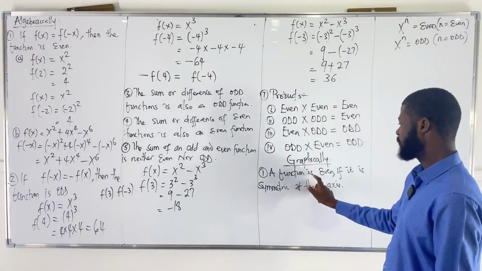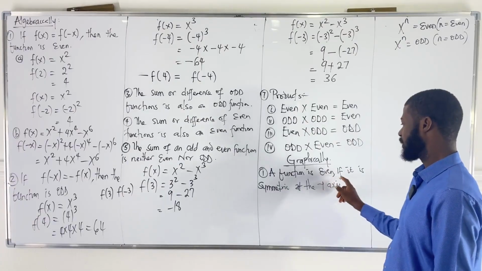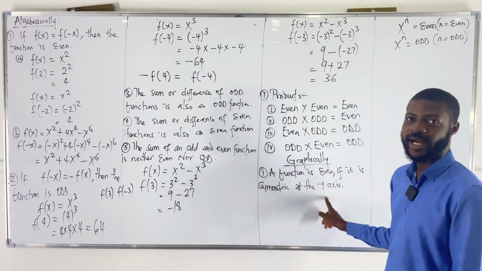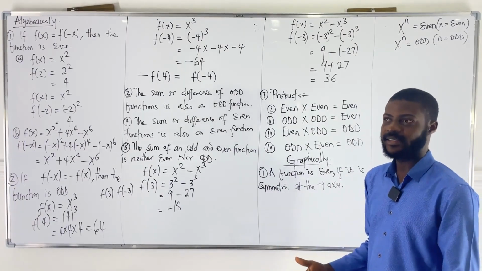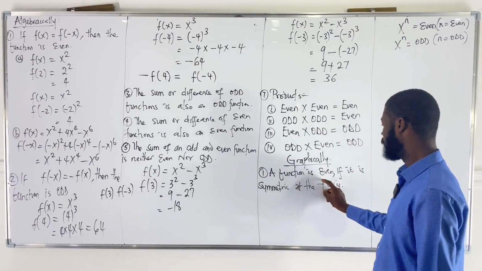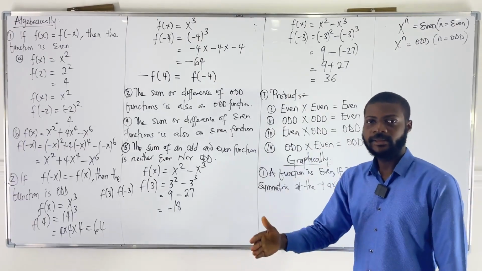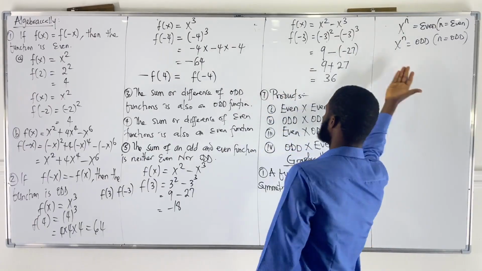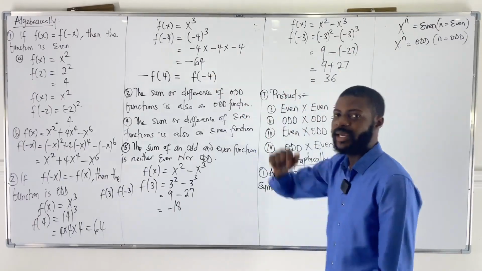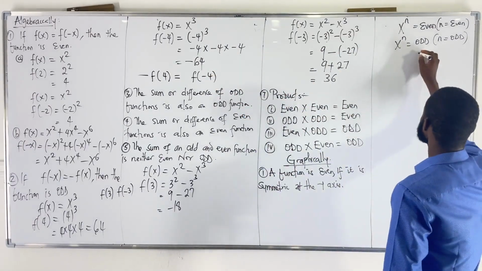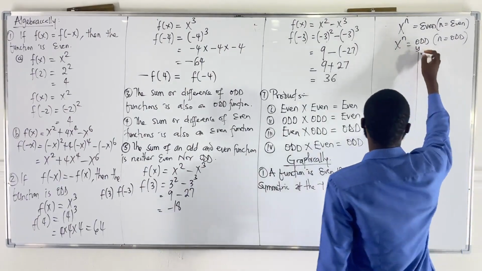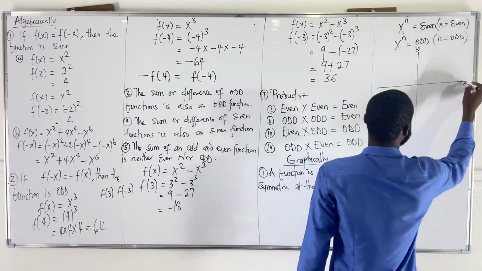Now, for this one, if the function is even, it is symmetric at the y-axis, or you can say about the y-axis. What it means is, the y-axis is that line that makes this part equal to this part. So let me explain better. So this is the line, this is the y-axis, then this is your x-axis.